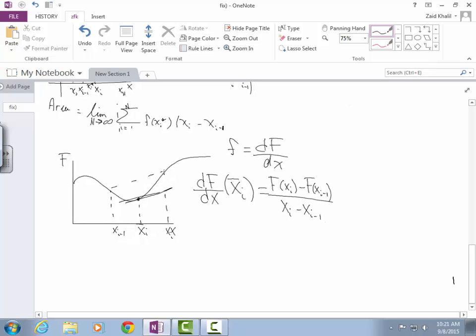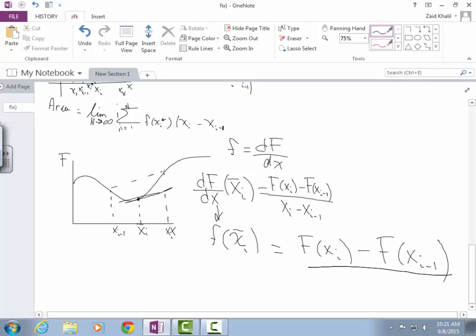But what's df dx? That's little f. So this is little f at xi bar. And this is equal to, right? So now what do we have?